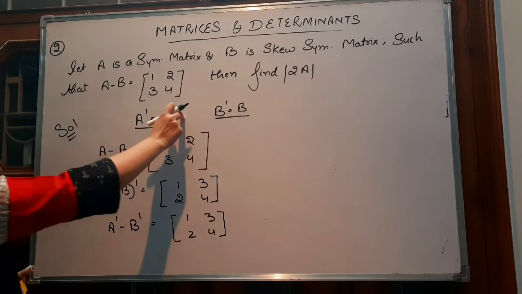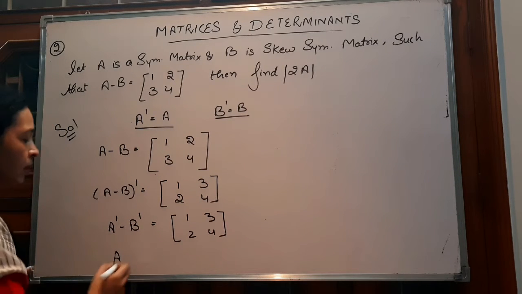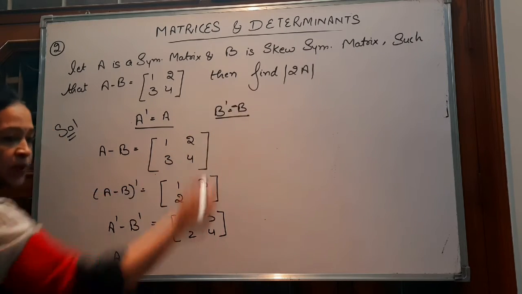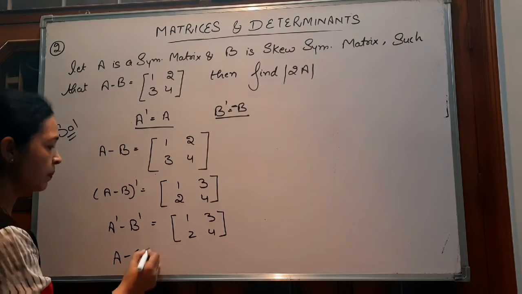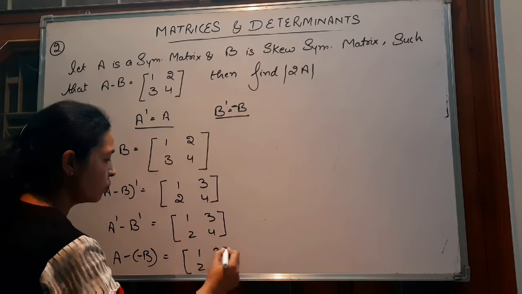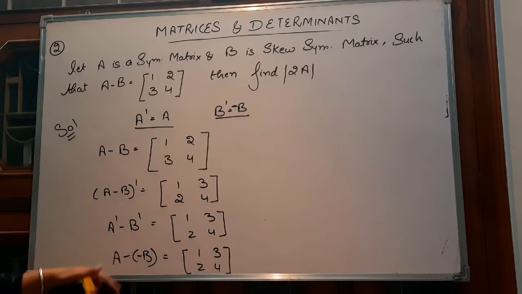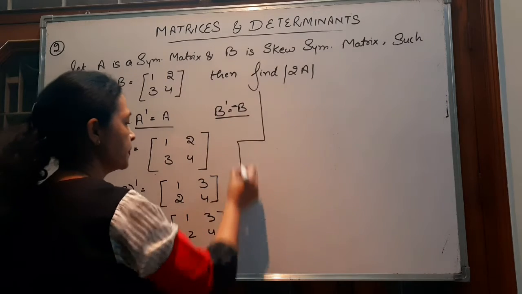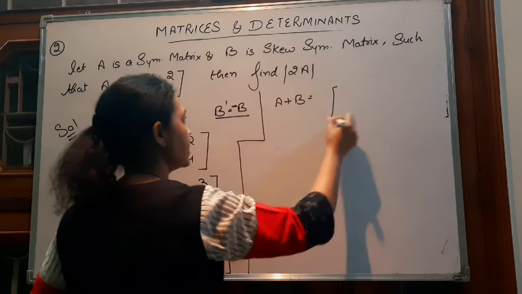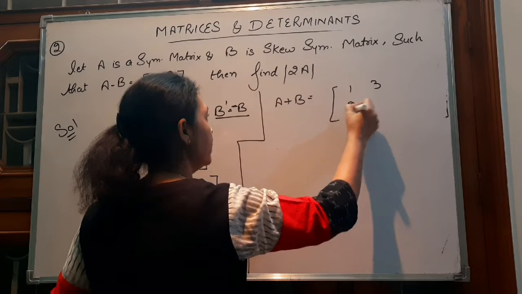What is A transpose minus B transpose? Sorry, it is skew symmetric, so it is minus B. Minus B equals 1, 3, 2 and 4. A minus minus B, that is A plus B, is 1, 3, 2 and 4.